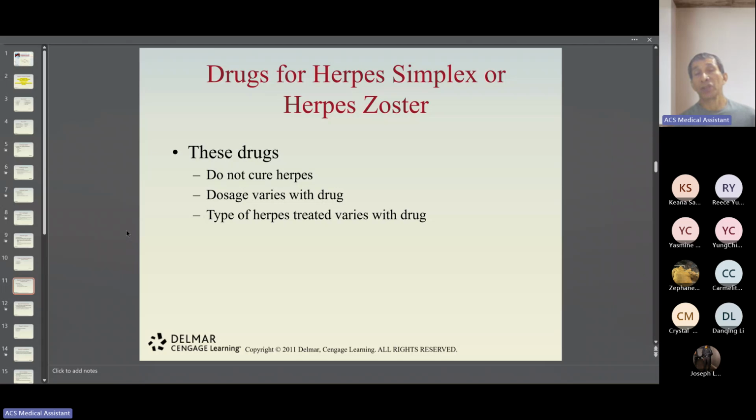Cure means that we destroy the microorganism and remove it from the body, as we do with fungal infections, parasites, and bacterial infections. Viral infections are a lot different. Remember, viral infections do not have a cure.